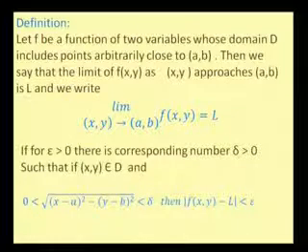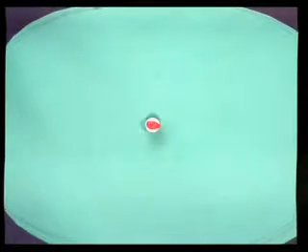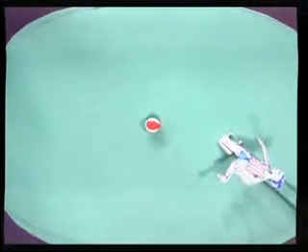Now for a function of two variables, our domain is two dimensional. Suppose there is a football on the ground. So this is a two dimensional thing. This is not a line like a road, right? So if any football player wants to approach this football, then he can come this way, or this way, or this way.